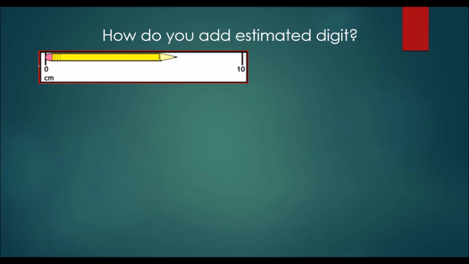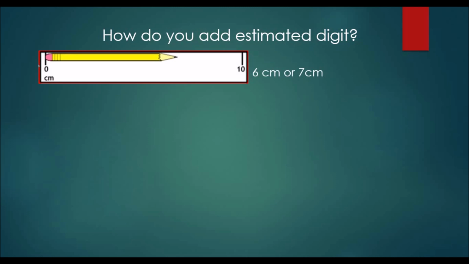How would you record the length of the pencil based on the lines on this ruler? You may read it as 6 or 7 centimeters because each line is worth 10 centimeters. Could you say 6.5 centimeters? No, because each line is worth 10 centimeters.